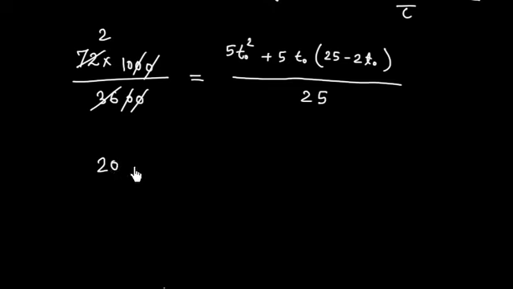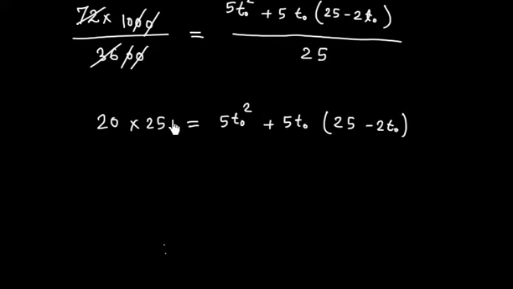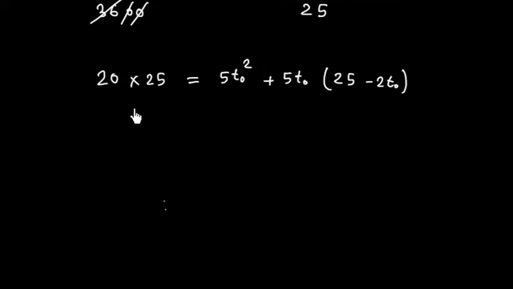This side 20 into 25 equals 5 t naught square plus 5 t naught into 25 minus 2 t naught. If you cancel 5 also, this becomes 100 equals t naught square plus t naught into 25 minus 2 t naught.